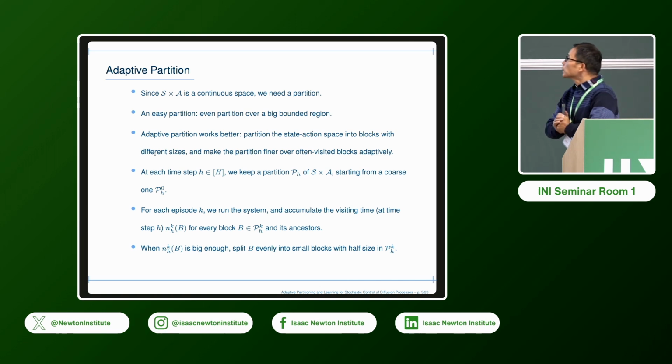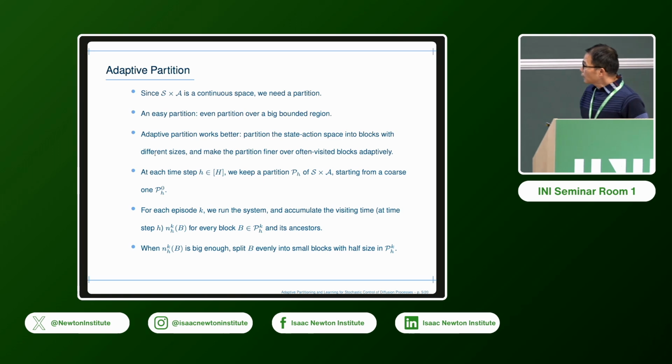For the splitting, we can just split the block into sub-blocks of half the size. It depends on the dimension of the space. If the dimension of the state space is d_S and of the action space is d_A, then each splitting will split the block into 2 to the power of d_S plus d_A small blocks.